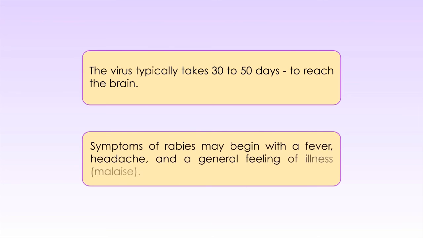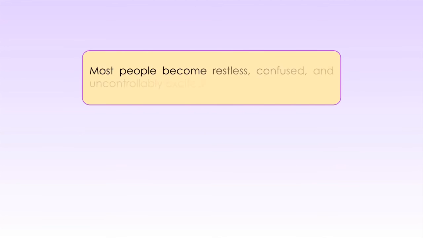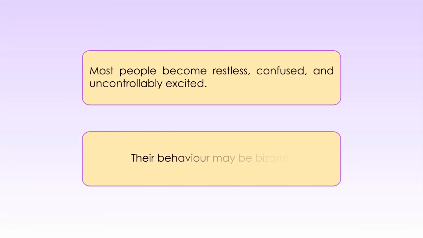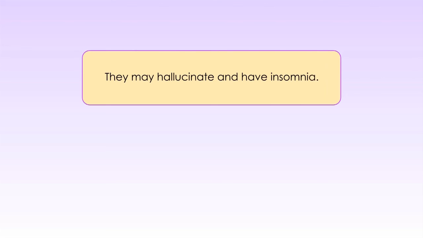And the symptoms of rabies may begin with a fever, headache, and general feeling of illness, which is known as malaise. So most people become restless, confused, and uncontrollably excited. Their behavior may be bizarre. They may hallucinate and have insomnia.